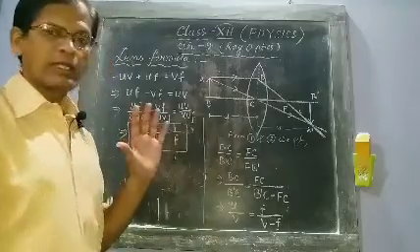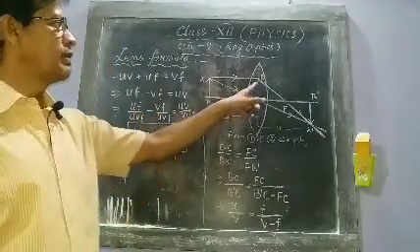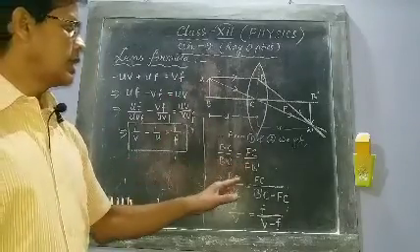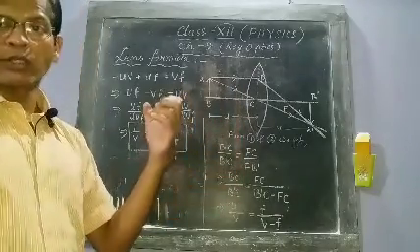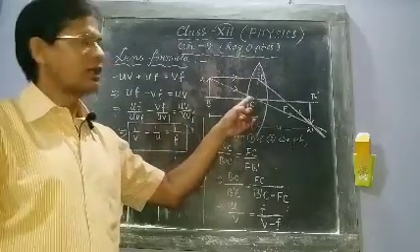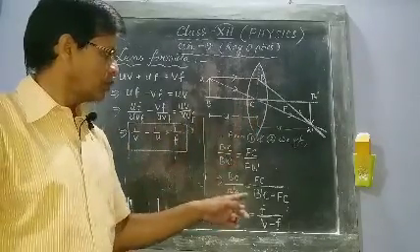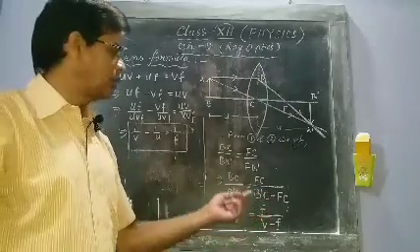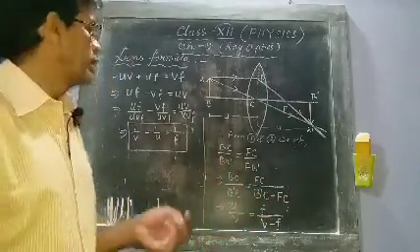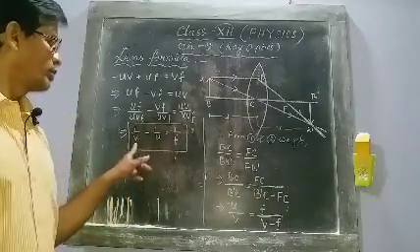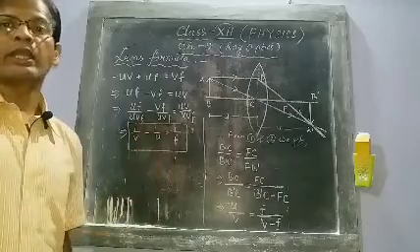From this we get another relation, and then replace this by this. And then according to sign convention, all distances should be measured from C. So we relate this with C, then put the respective values. We have got this relation: 1 by V minus 1 by U equals 1 by F.